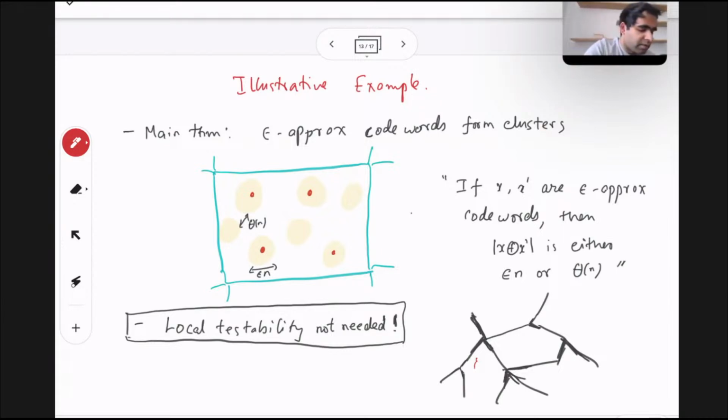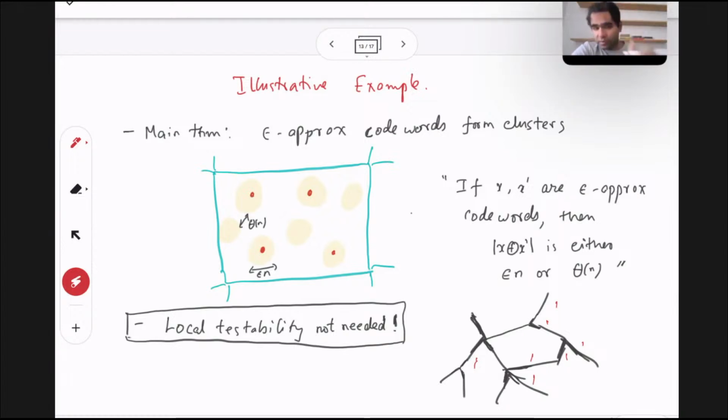So you can put another 1 here and 0 everywhere else. That's fine. But once you put enough ones, and you're not allowed to violate beyond an epsilon n fraction of checks, this propagation will happen again. So you'll start seeing this 1, 1, 1 all over the place. So again, the distance will increase. So either you stay small in terms of the Hamming distance, or you suddenly go far.